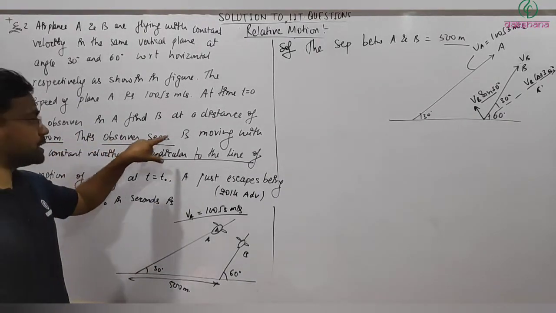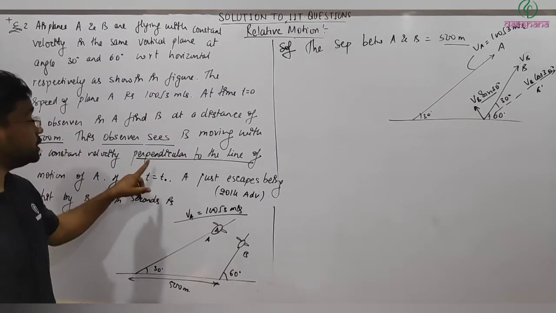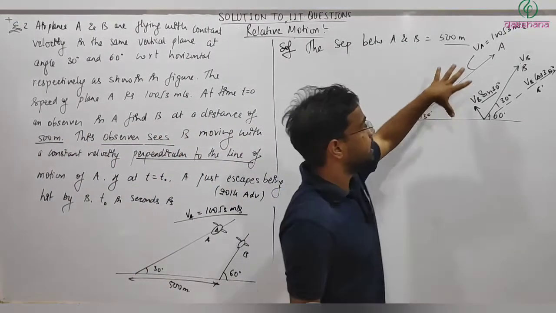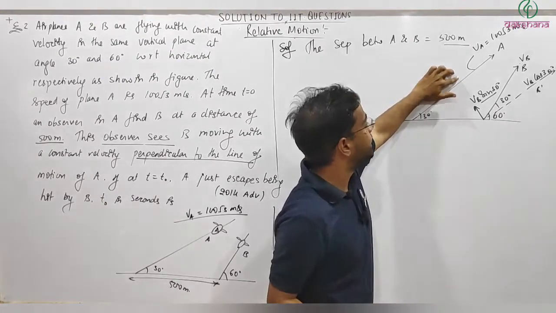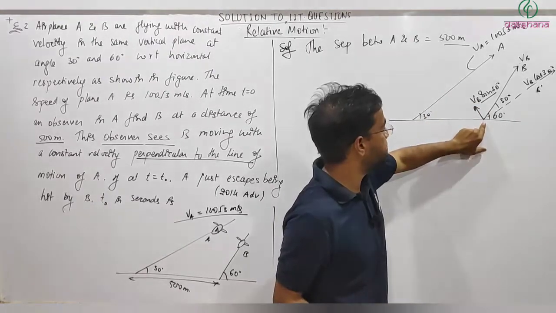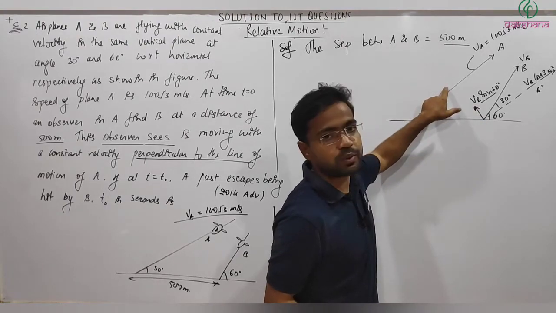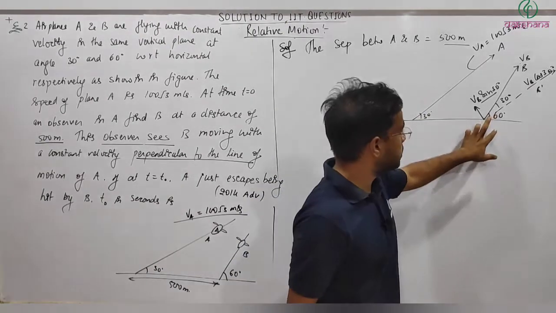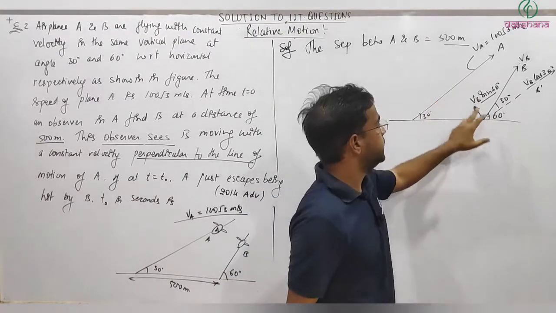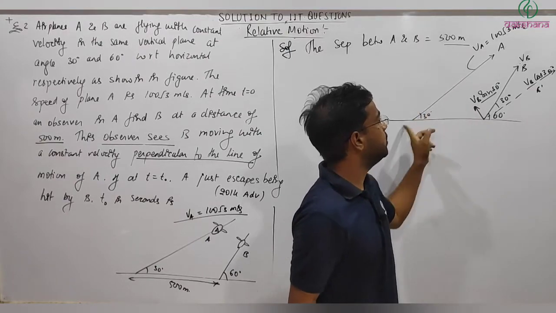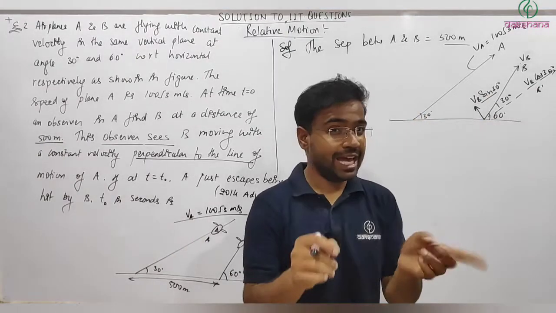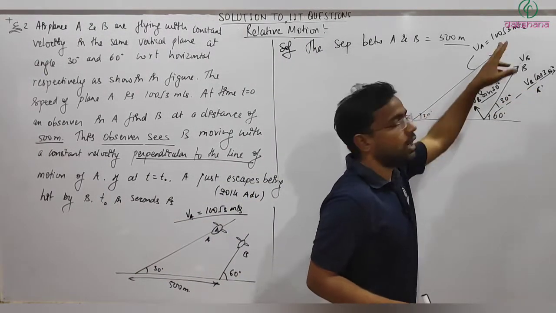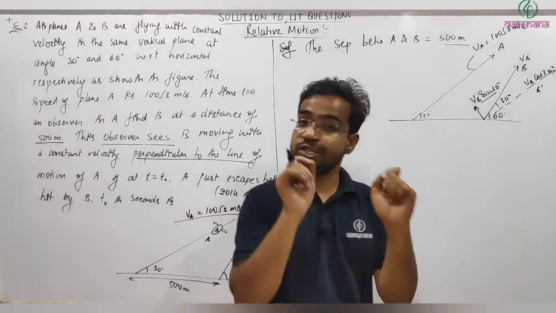The observer sees B moving with constant velocity perpendicular to the line of motion of A. This means observer A feels that airplane B is simply coming towards plane A. That means the relative velocity of B with respect to A is only perpendicular to the line of motion of A, so the relative velocity along the direction of motion of A must be 0.